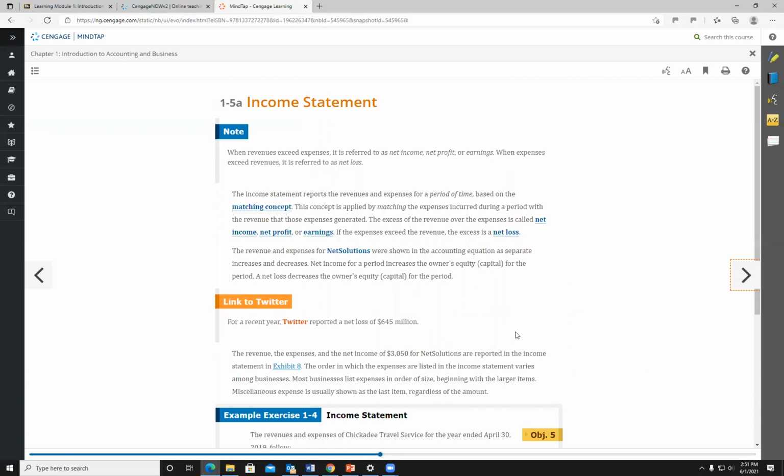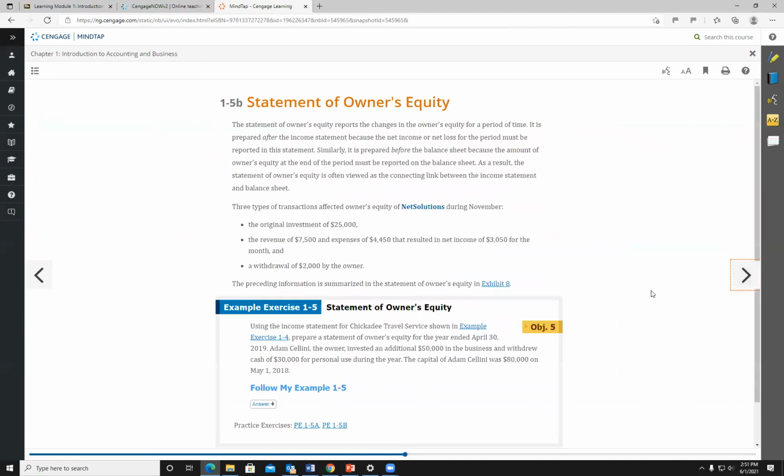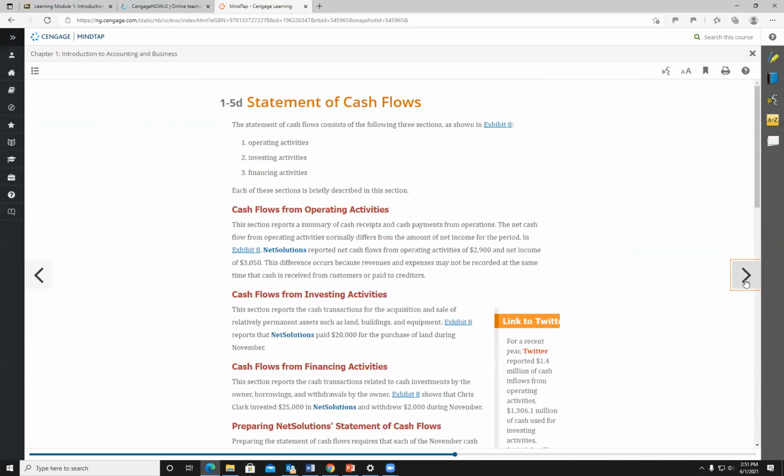Now, I'm going to allow you guys to finish reading the chapter yourselves regarding income statements, as well as your statement of owner equity. I encourage you guys to do the example exercises for each of them. As you see here, it goes through each statement and shows you how to do it.